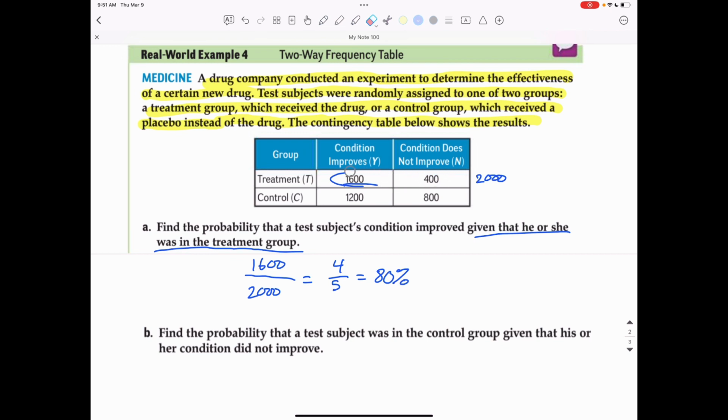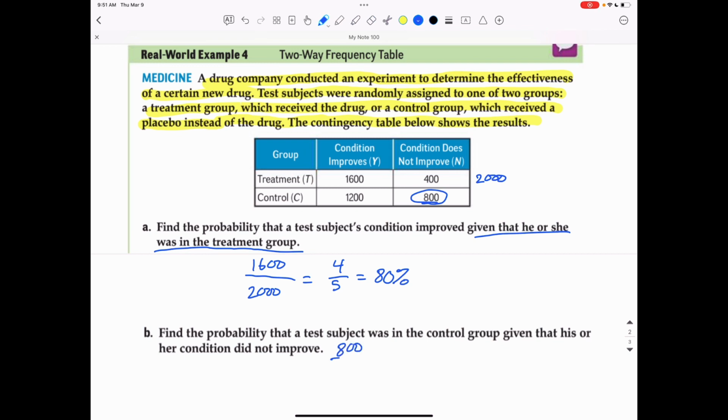Part B asks you to find the probability that a test subject was in the control group, given that their condition did not improve. So control group and not improving is this cell right here that I'm kind of highlighting. It's the 800. That is control group, did not improve.